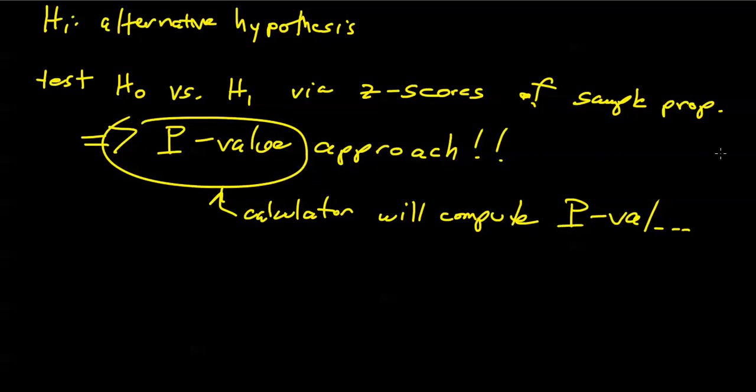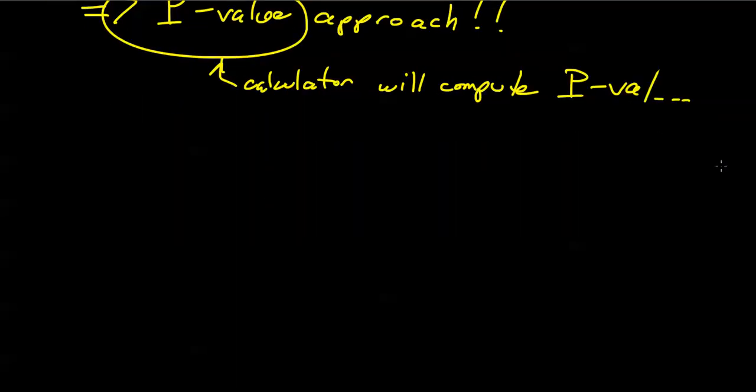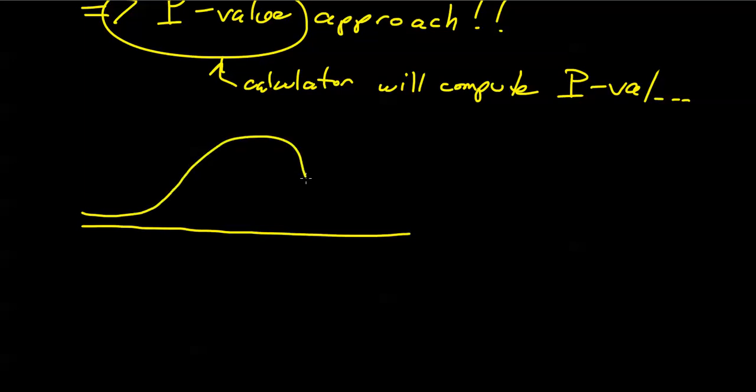Alright. Again, let me give you some idea where we're going here before we go to the calculator. Basically, my sample proportion will be converted to a z-score. And let's say for example I get a z-score of my sample proportion, and it ends up here.